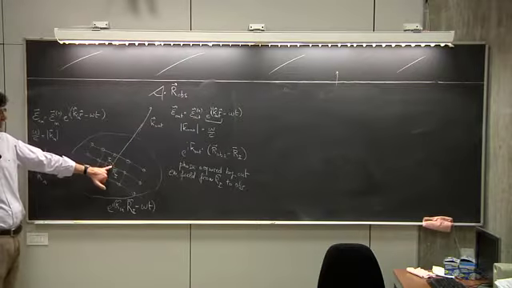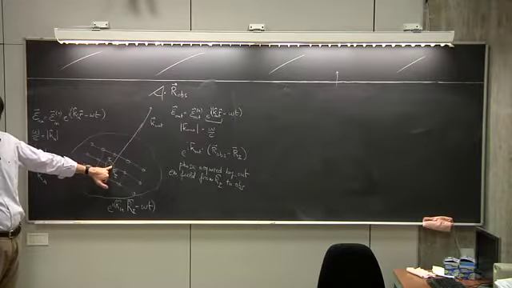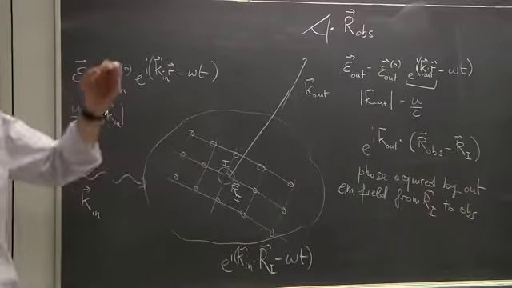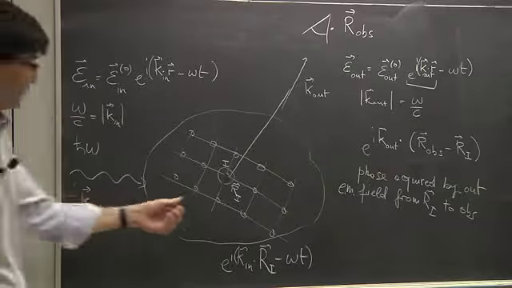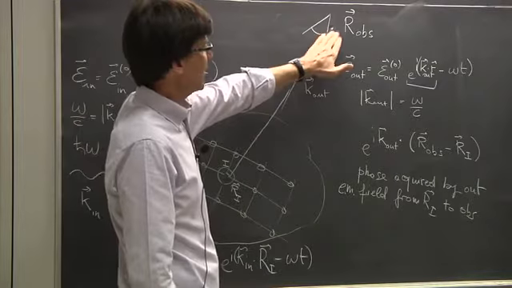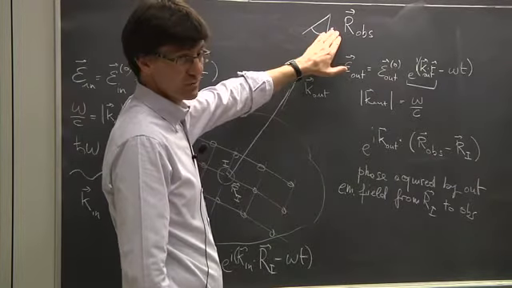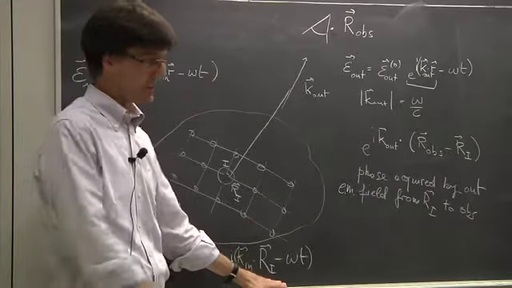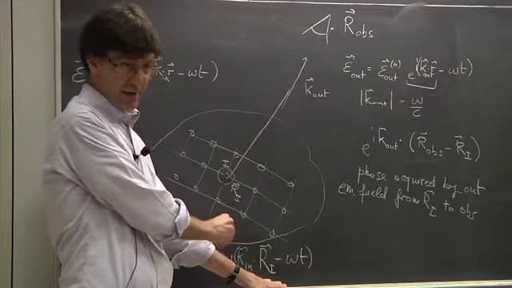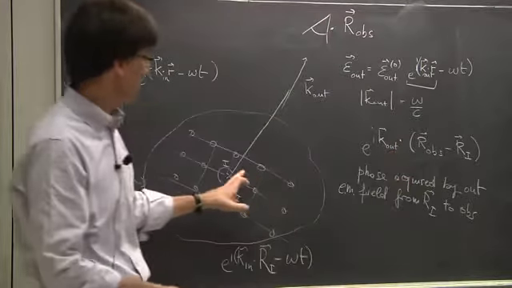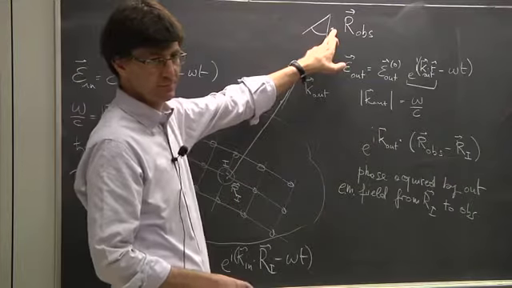But the phase of the outgoing field here is determined by the incoming field, right? Because my electrons will oscillate as a function of my incoming field. So the overall phase of the electromagnetic field at this position will be the product of the original phase of the electromagnetic field here, which is given by the incoming field, times the phase acquired by the outgoing field going from here to here.